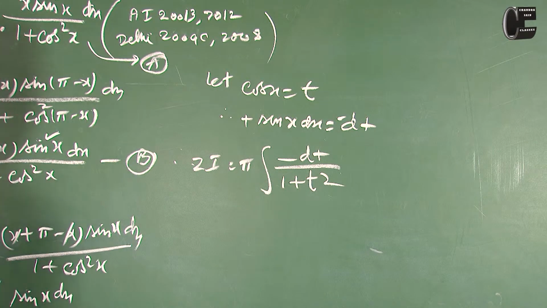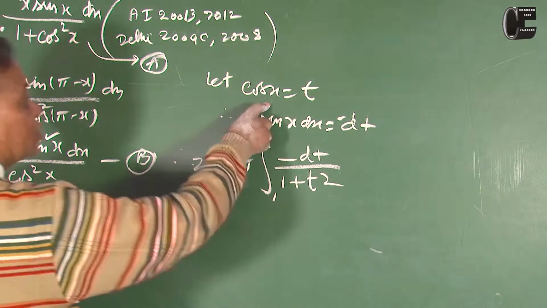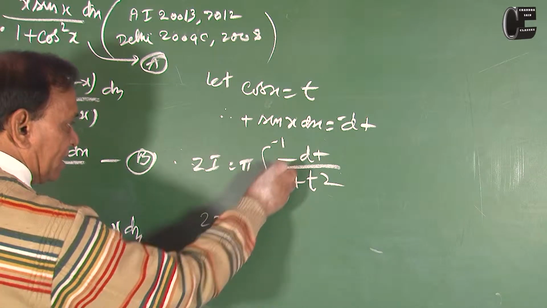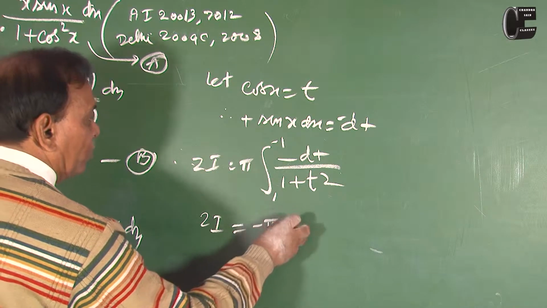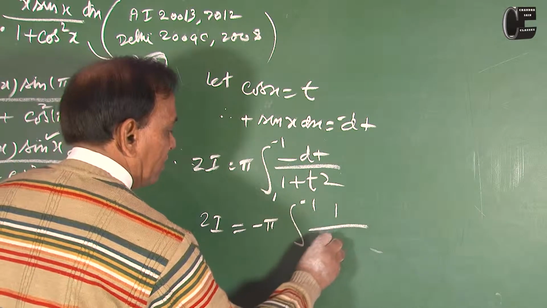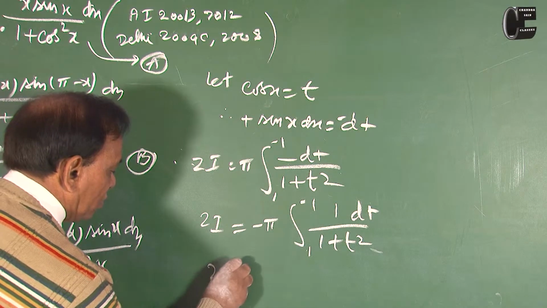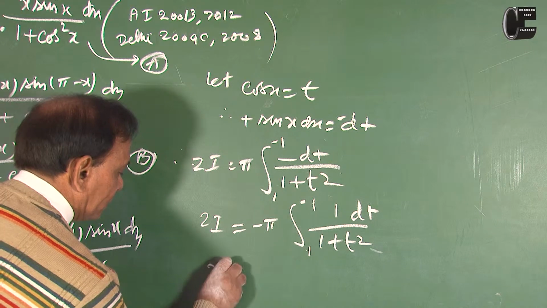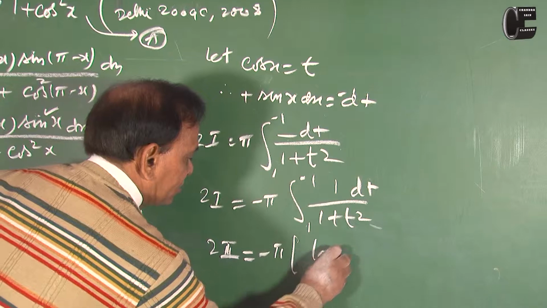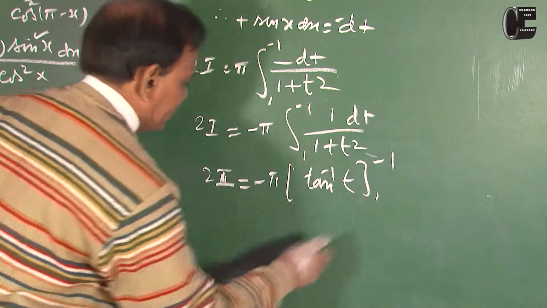Put the limits: if x equals 0, t is 1, and for pi, cos pi is minus 1. So 2i equals pi, take out the negative, integral from 1 to minus 1 of 1 by 1 plus t square dt. 2i equals minus pi, its integral will be tan inverse t, limit 1 to minus 1.